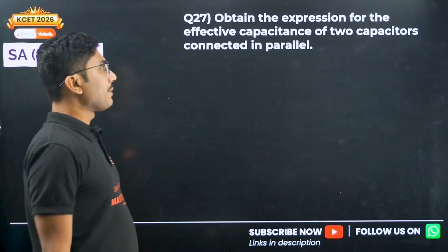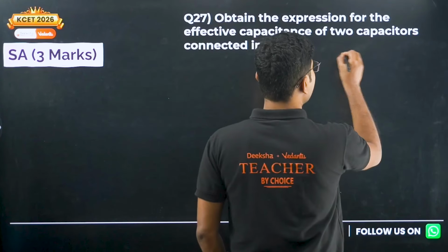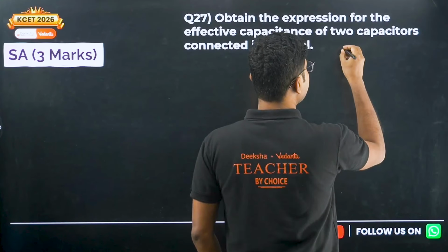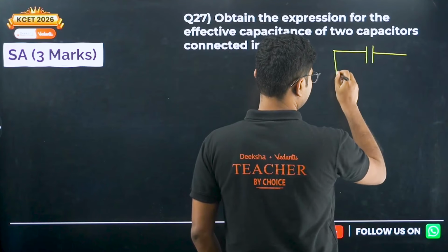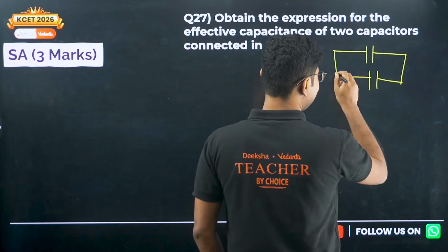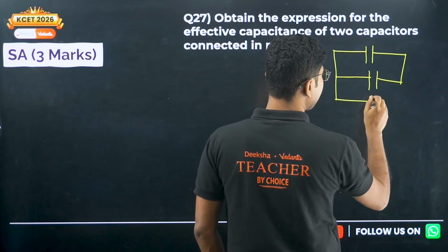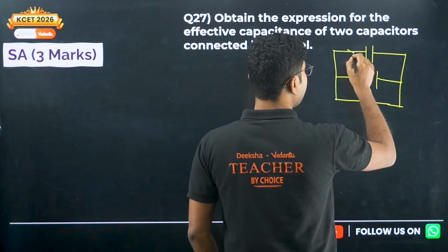Obtain the expression for effective capacitance of two capacitors connected in parallel. Same question, only thing is we are using it for parallel combination. What remains same in parallel combination? The thing that remains same is voltage. Charges vary.